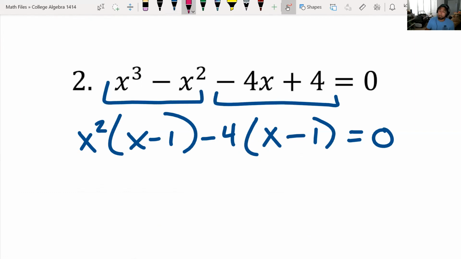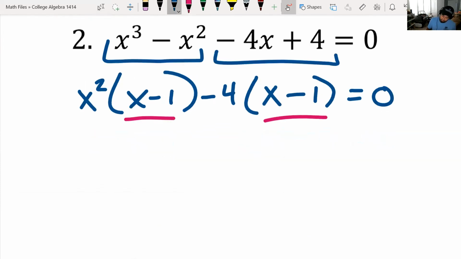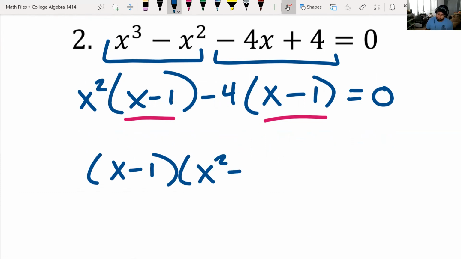And now, when you factor by grouping, these parentheses need to look the same. And they do, which means this is all about factoring, so factor them out. And you'll get x minus 1, which we just factored out, times whatever is left. And there you go.